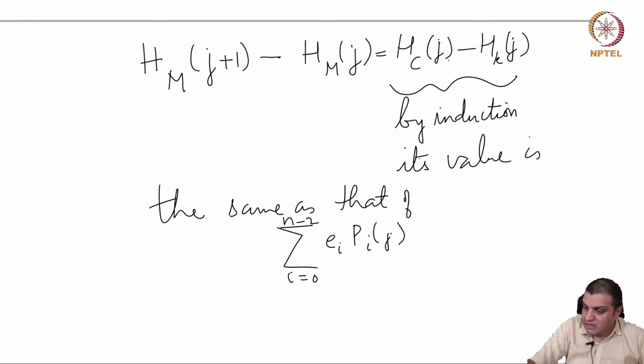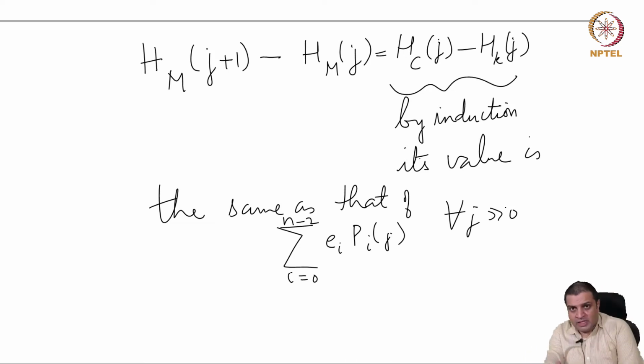Remember these are in n minus 1 variables, so this is what we would get for all sufficiently large j. This function itself is not a polynomial. It is only for all sufficiently large values that on the right side this agrees with the polynomial.